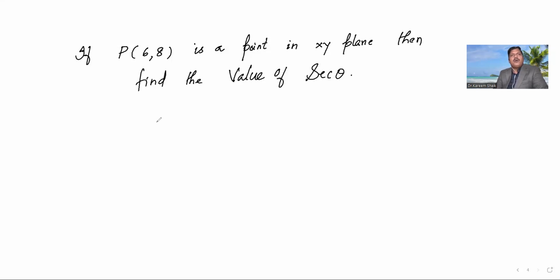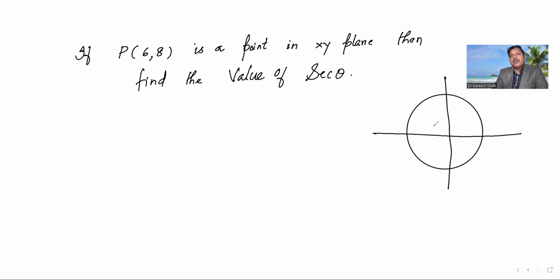If P is a point having the coordinates 6, 8 in the xy plane, then find the value of secant theta. We know that to find the value of any trigonometric ratio in the xy plane, just to understand very clearly, I wish to draw an xy plane with respect to a circle. So this is my xy plane. Here the x coordinate is positive and the y coordinate is also positive, so the point lies in the first quadrant.